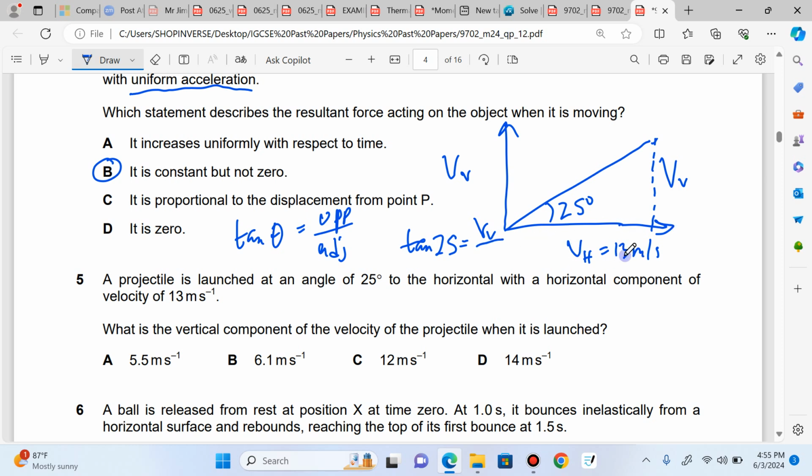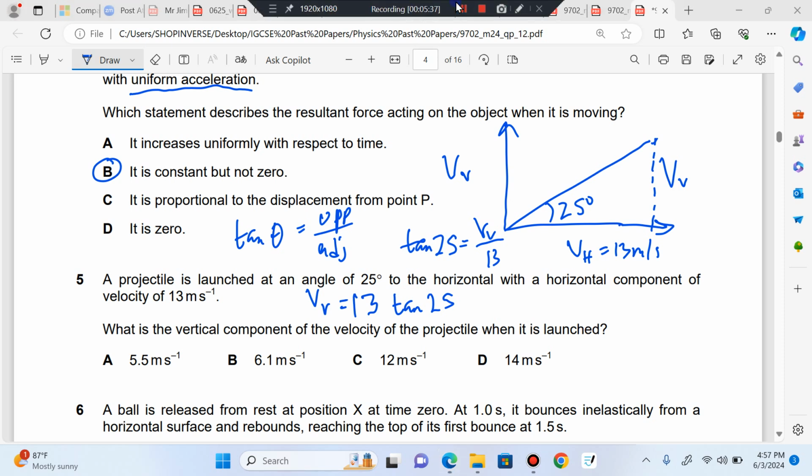That's the horizontal velocity, which is 13. So when you cross multiply, the vertical component of velocity is equal to 13 multiplied by tan 25. If you do 13 multiplied by tan 25, you will get 6.062.